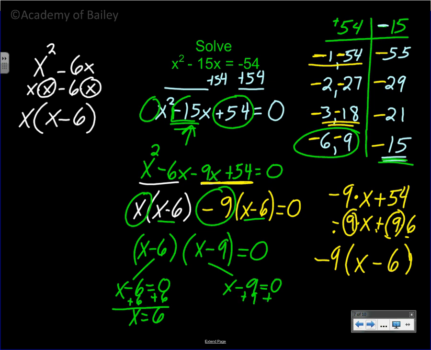We add 9 to both sides, and x will equal 9. So your two solutions to the original equation are x equals 6 and x equals 9.